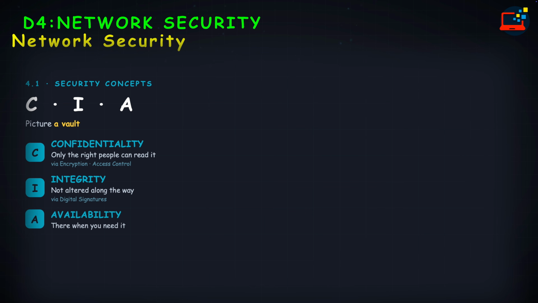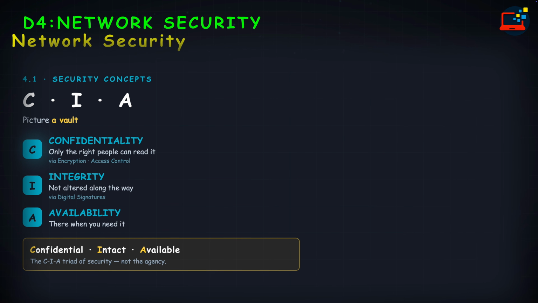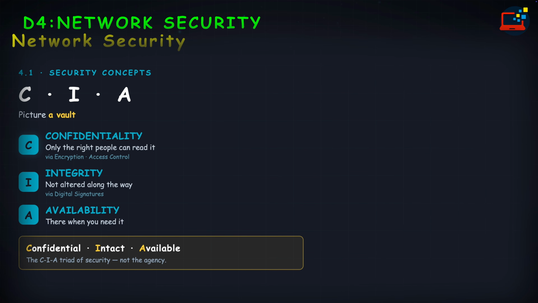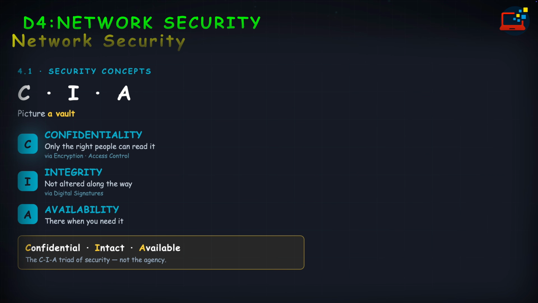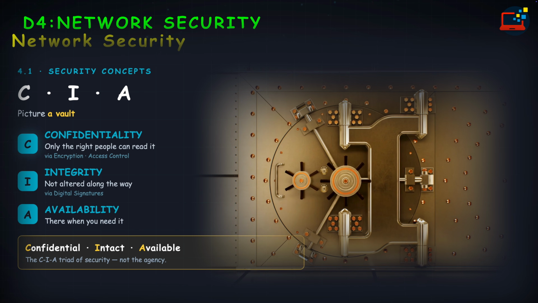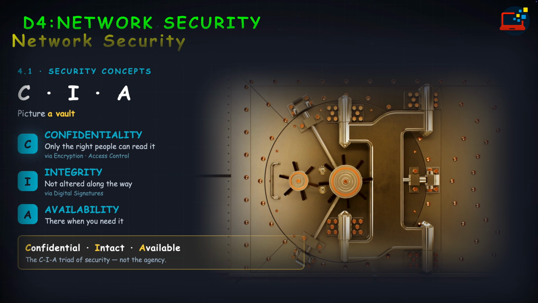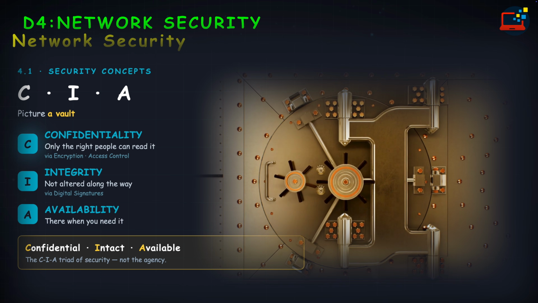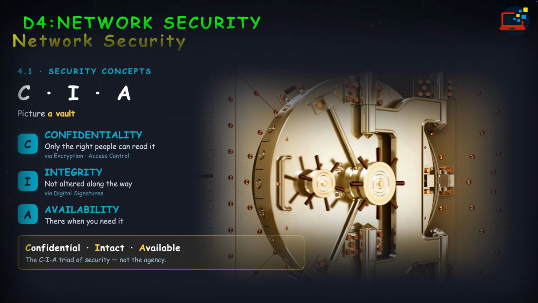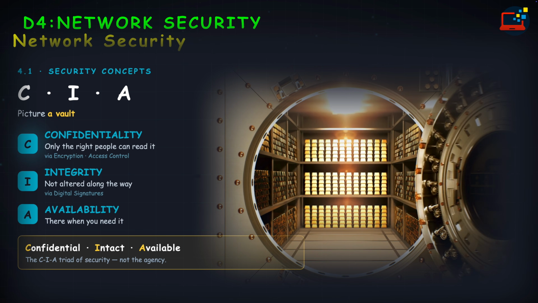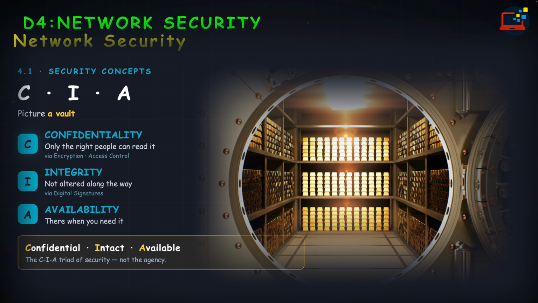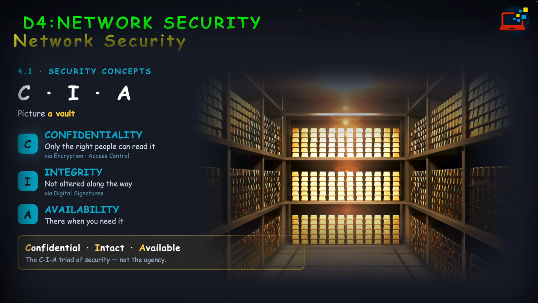Start with the foundation every other security decision rests on, the CIA triad. 3 letters, 3 goals. Confidentiality means only the right people can read the data, and we get it through encryption and access control. Integrity means the data was not altered along the way, and we prove it with digital signatures.